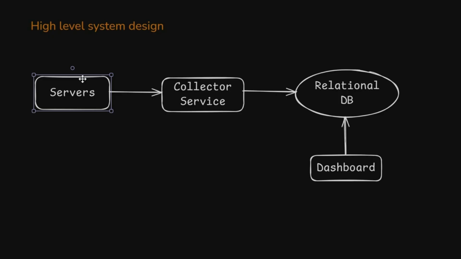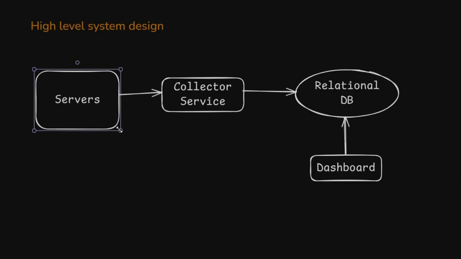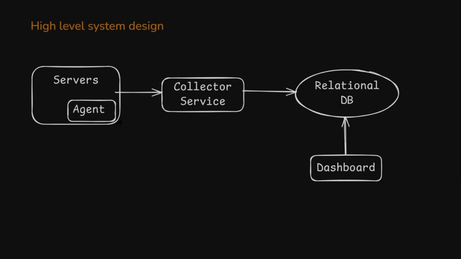For that reason, we would need some kind of service running in these servers which can either push or pull these events to our collector service. So let's say we have a service called agent which is running in these servers in the background all the time, which should help us to either push or pull these events to our collector service.